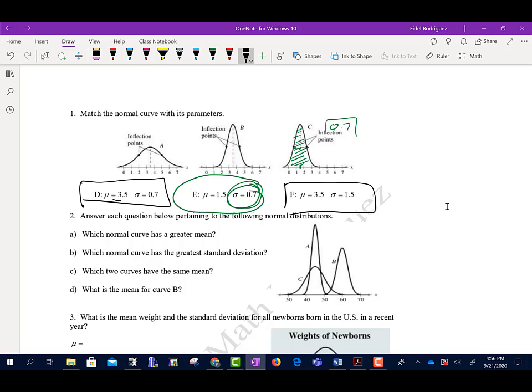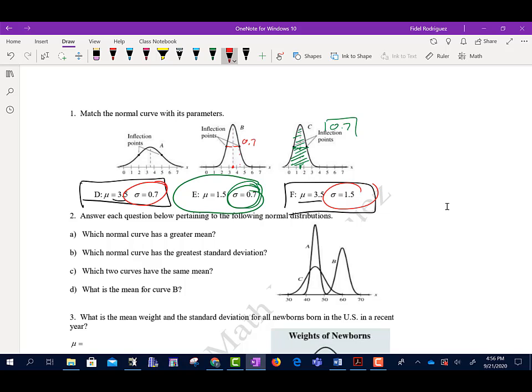They both have means of 3.5. But the standard deviation here is 1.5 and the standard deviation here is 0.7. The one that has the 0.7 standard deviation should be more narrow. So if you look here, here's my 3.5, and again, the distance between here and here is 0.7. Why? Because it's much smaller, right?